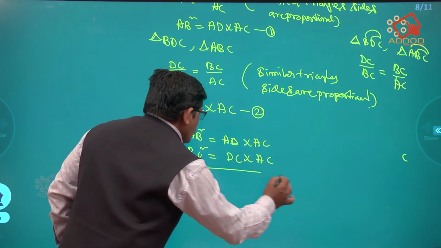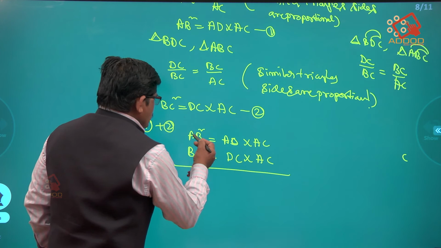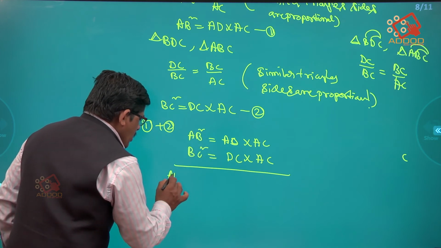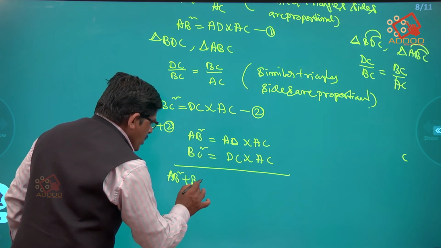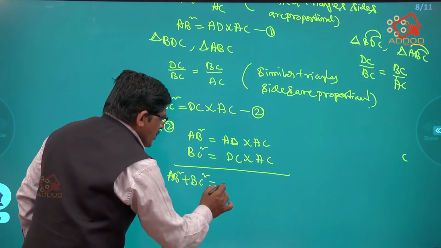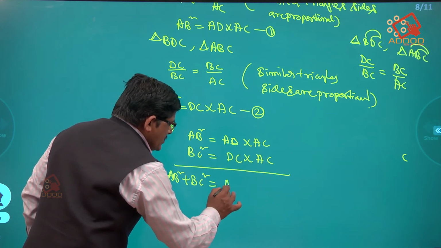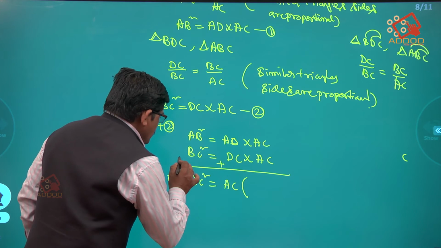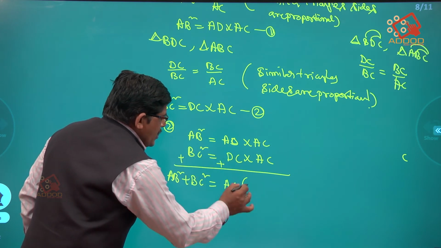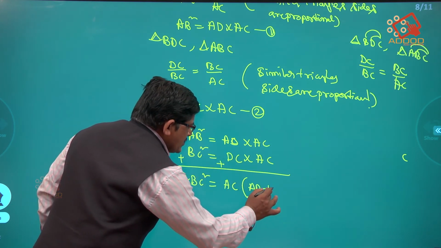Adding equation 1 and equation 2: AB square plus BC square is equal to AC common factor, AC into AD plus DC.